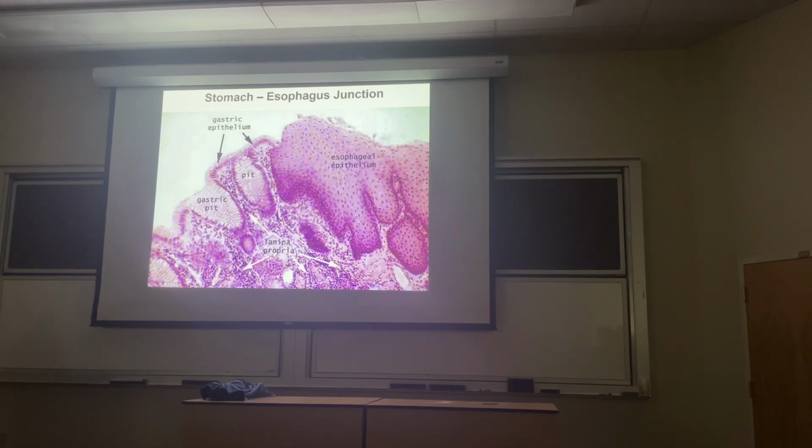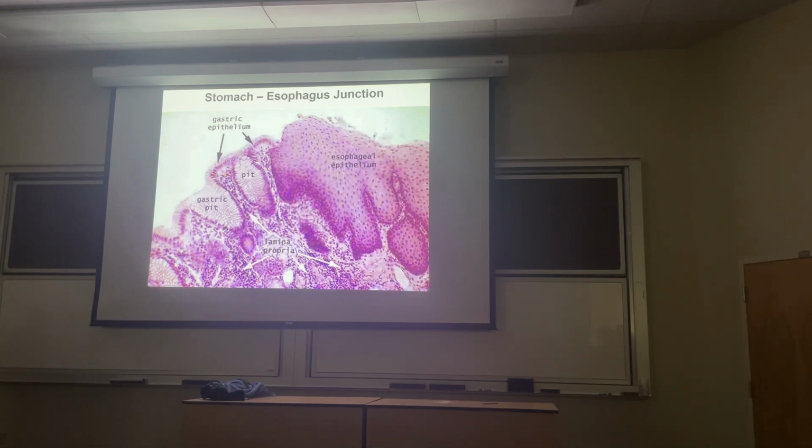A lot of these cells would be from the lymphatic cell category: lymphocytes, neutrophils, eosinophils, plasma cells, for instance, phagocytic cells. And of course, this is helping to protect from pathogens that might be absorbed here.